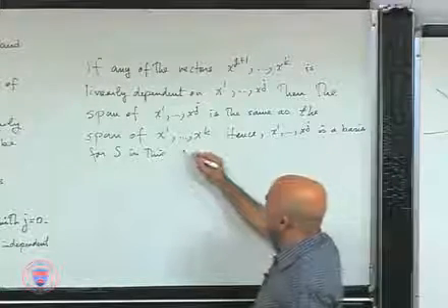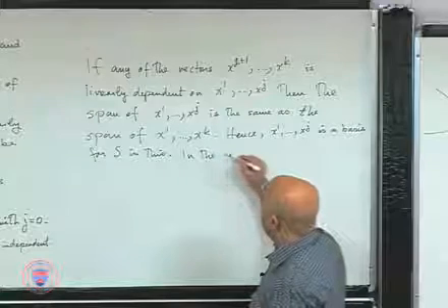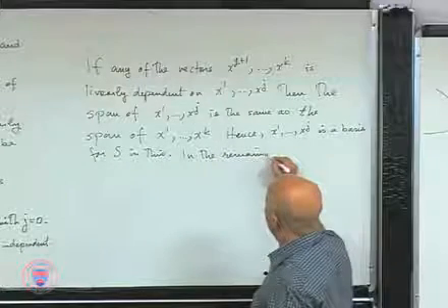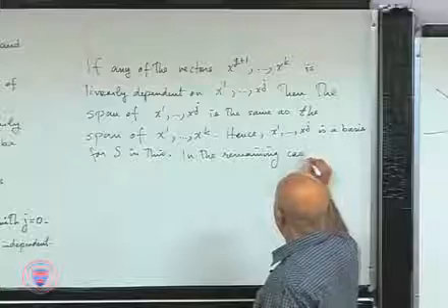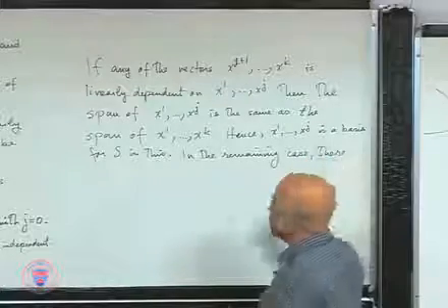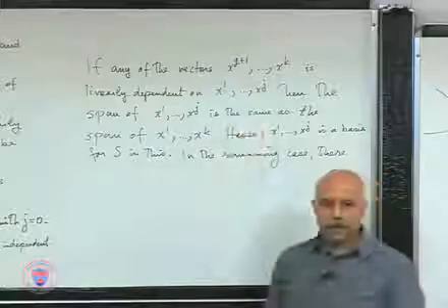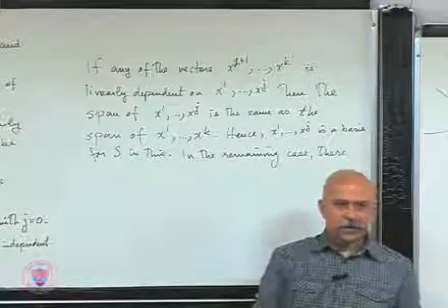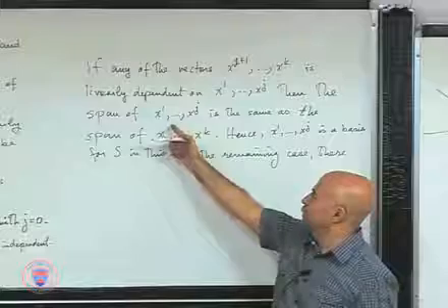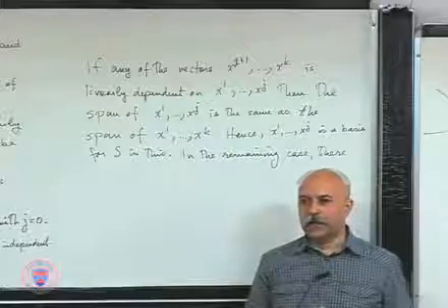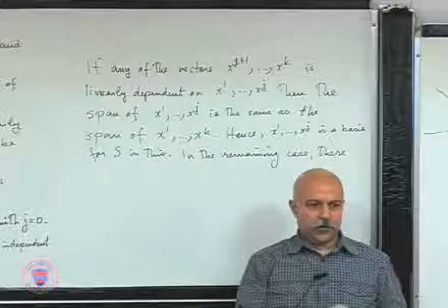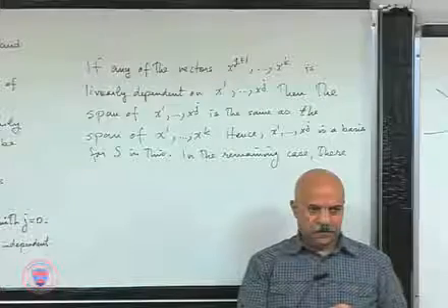In the remaining case, there is a vector in the remaining set, xj plus 1 through xk, which when adjoined to the initial set x1 through xj, preserves linear independence. Okay?